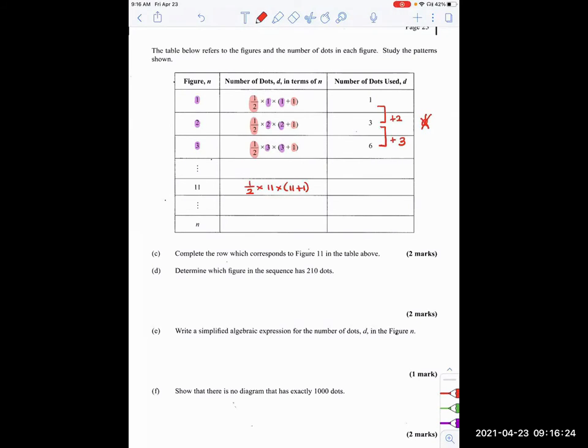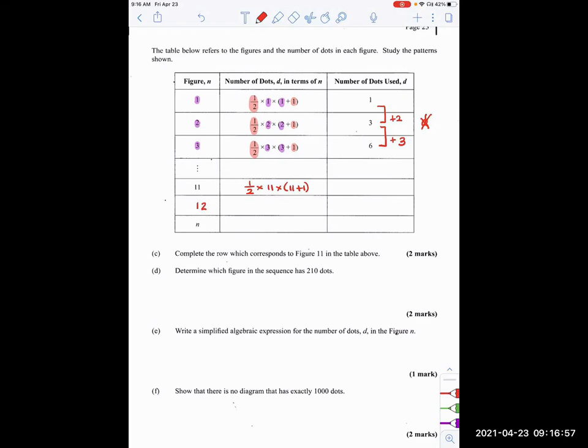So as practice, I want you to find 12. Do it now. Do we write the answer, or just the formula? You write the formula in terms of 12.